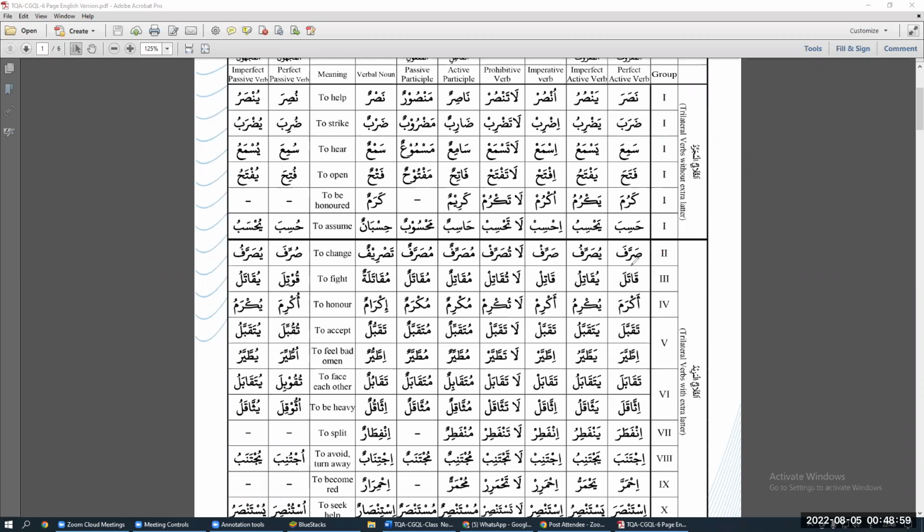Ain is a double letter. Exactly. Ain kalima is doubled. So this is fa kalima, ain kalima, lam kalima. Form 2. So you need to know how form 2 is made. As the sister said, if we have ba, dal, and lam in form 1, say badala, what will be in form 2?